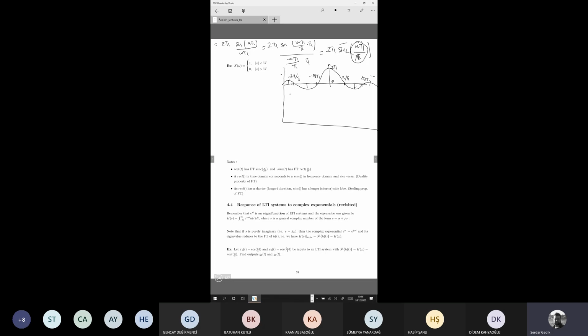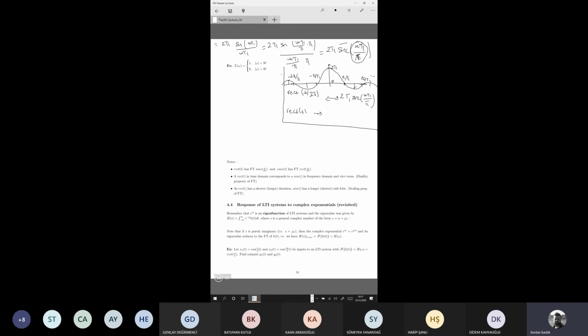So what do we have? We have seen that rect t over 2t1 has the Fourier transform 2t1 times sinc omega t1 over pi. So what about rect t?